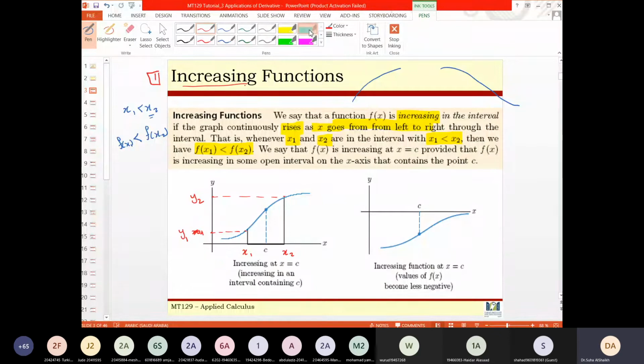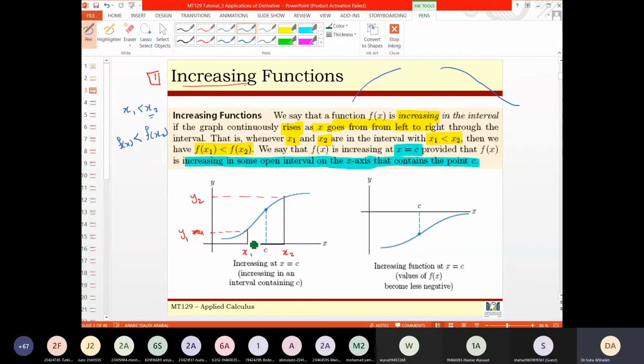Now the function is said to be decreasing if the opposite happens. We say that the function is increasing at a specific point C if it is increasing in an open interval around this point C. If I can find an interval around the point C where the function is increasing, as you can see.